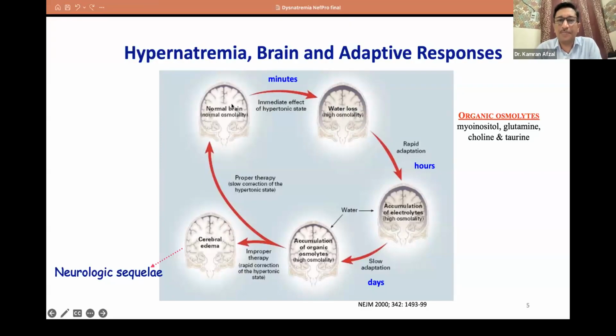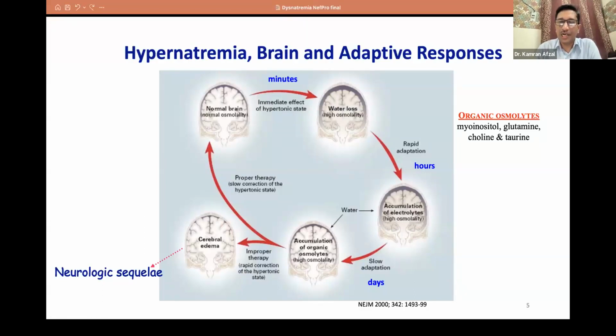So in a normal brain with normal osmolarity, once hypernatremia sets in, because of increased tonicity in the extracellular compartment, there is fluid loss from the brain parenchyma. Within minutes, a rapid adaptation happens wherein there is accumulation of electrolytes within the brain parenchyma to counter the extracellular fluid tonicity.